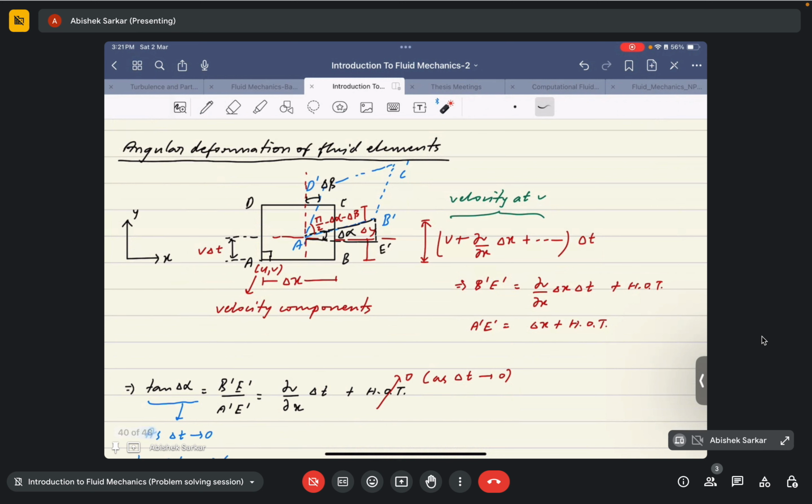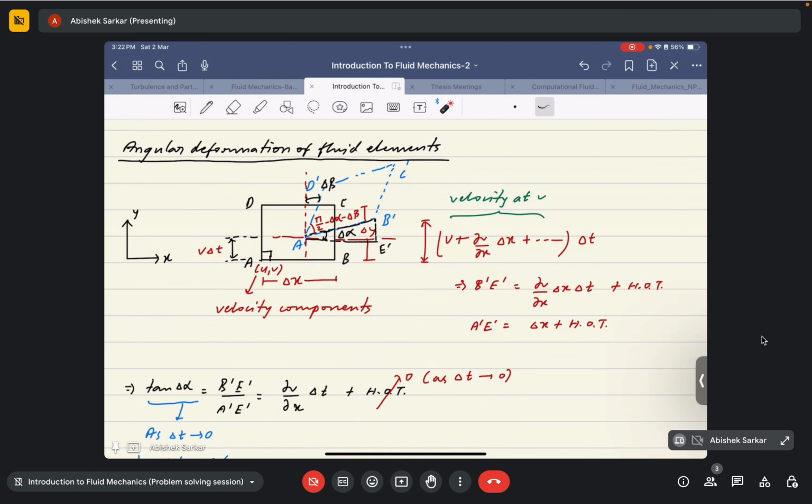So if the fluid element was initially at point A, then the distance traveled by the point A to A dash along the y-axis is given by v delta t. Okay, say that we have allowed the fluid element to travel for a small time delta t, and the velocity at point A was given by u and v.